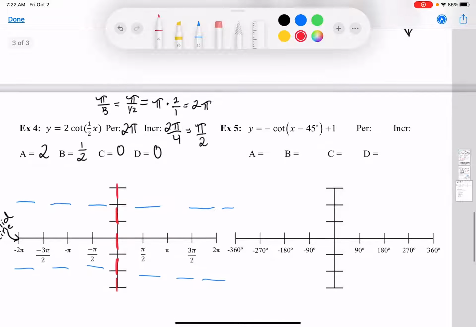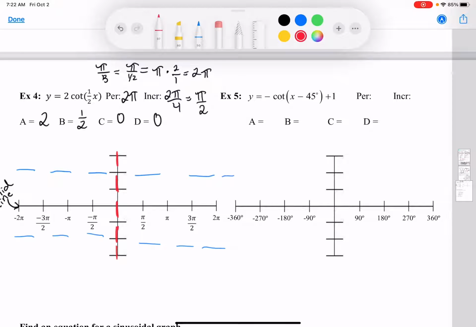So for cotangent, the starting point is the asymptote on the y-axis, and if c is not 0, we'd have to shift it, but in this case, it's 0. And now let's put the other two asymptotes down. Well, my period has changed to 2 pi. So my next asymptote will be 2 pi away in either direction.